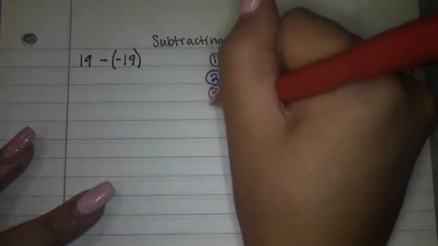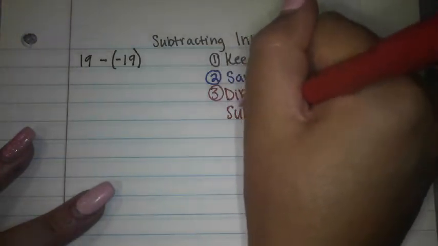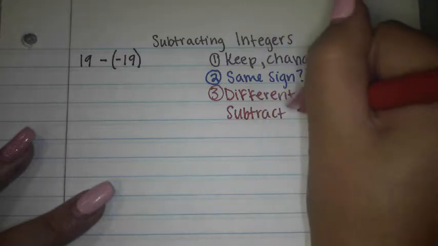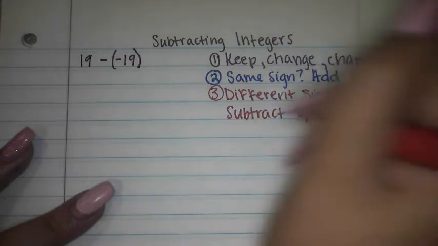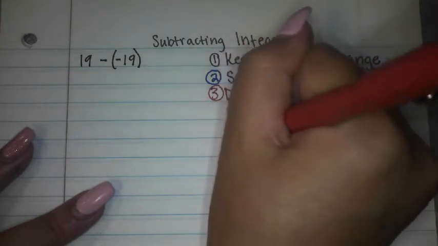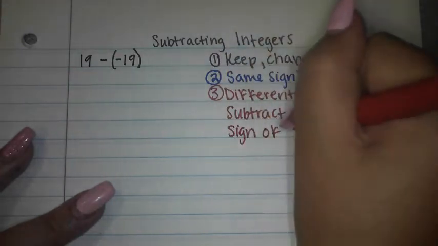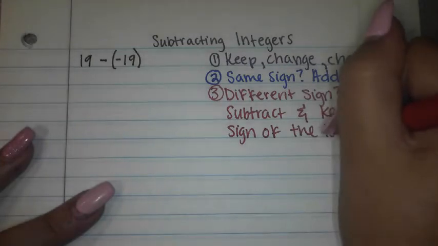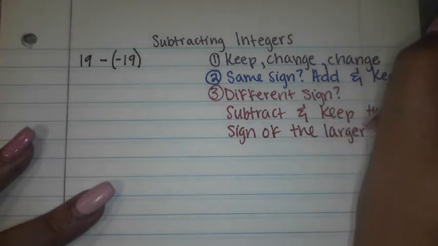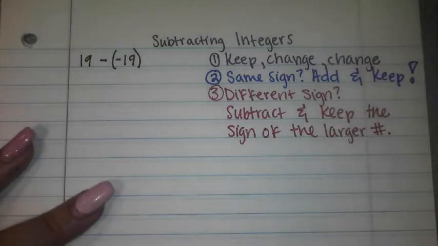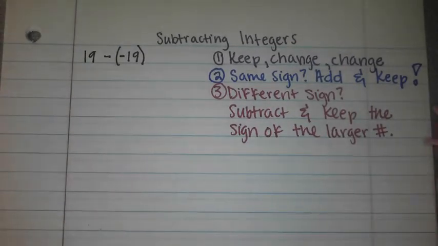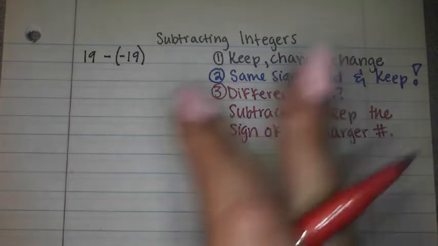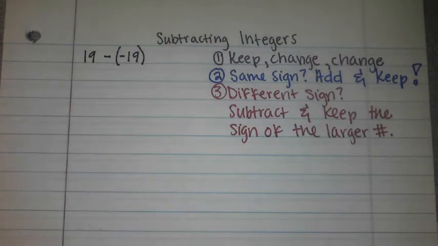We're going to subtract and keep the sign of the larger number. If you do not have these rules, if you have not been taking your notes, write all of this down because you will need this.